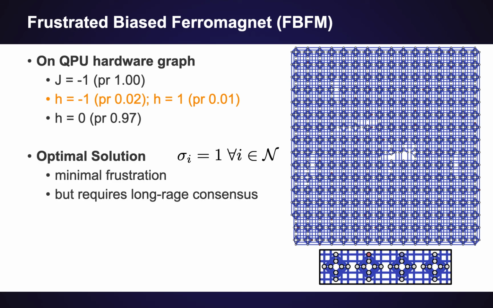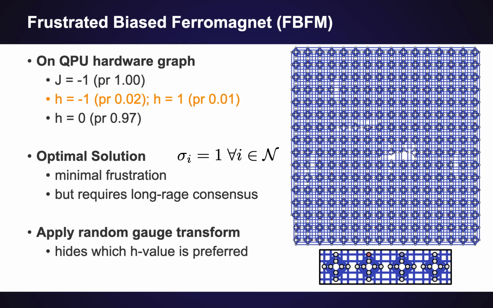So this will still have an optimal solution, that's the same as before, but it'll have a small amount of frustration based on the local fields. And most importantly, there has to be some kind of a long-range consensus across the whole hardware graph to determine which of these 2 wells is the correct one or the lowest energy one.